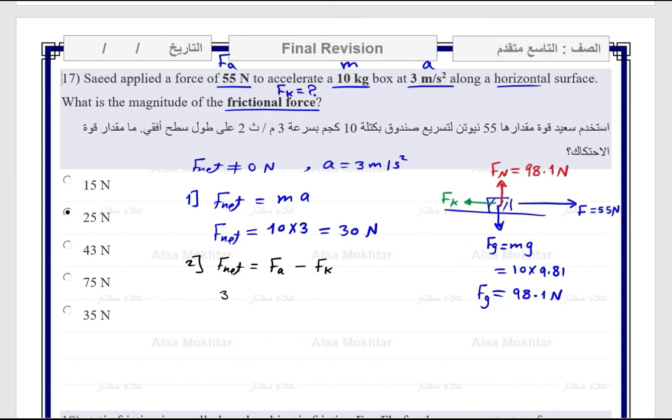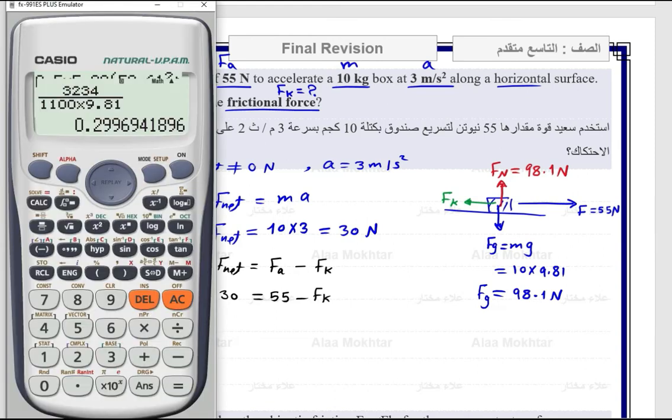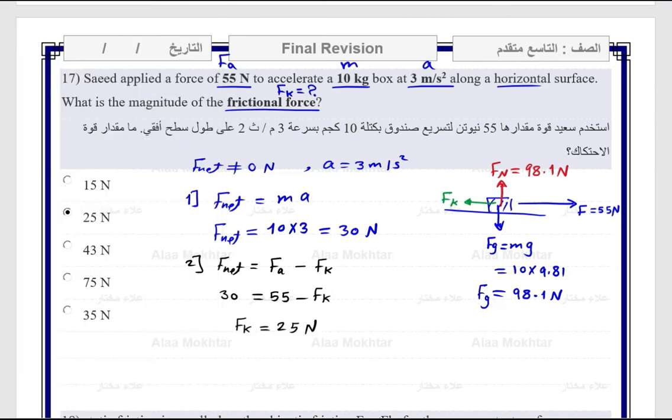F net is 30, Fa is 55, minus Fk. How can we get Fk? You can use shift solve on the calculator. I write 30 equals 55 minus x, then shift solve, so Fk equals 25 Newton. The answer is 25 Newton.